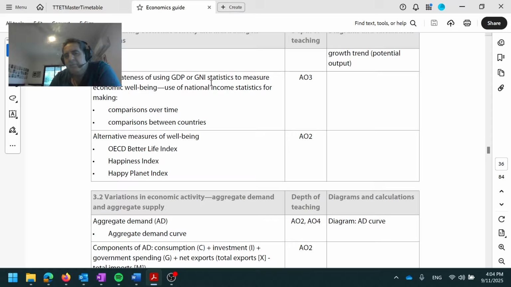Just remember this has application to global development. Sometimes GNI is a much better measure than GDP for the developing world because we know that in the developing world, a lot of their people go work overseas and send money back home through remittances. So sometimes GNI is a better measurement than GDP when it comes to the developing world.